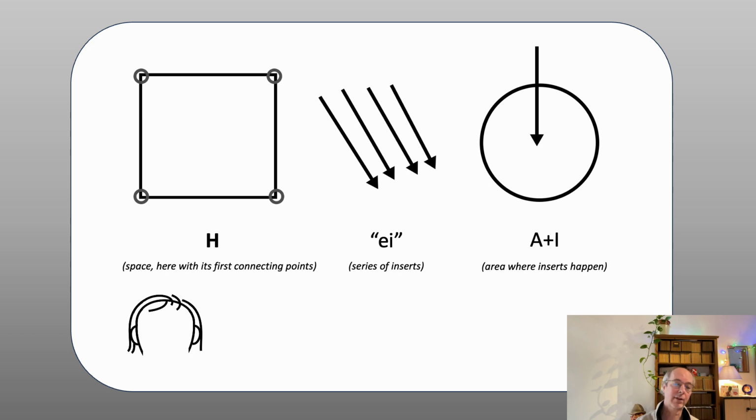Then we have the sound A. This will be like the E insertion, a whole series of insertions, and then the written word is A and E. The background, the area where the inserts will happen, will be the object where something will be inserted, as you know it will be.